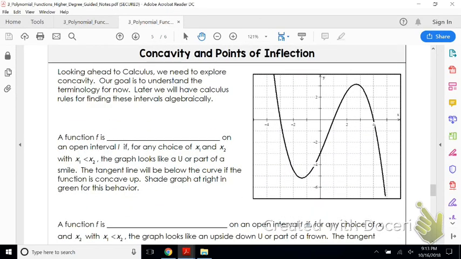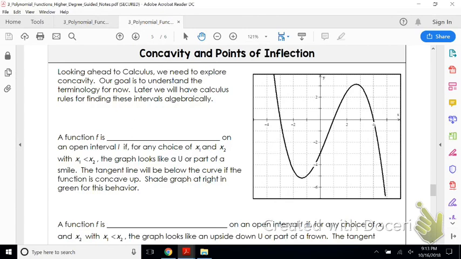Let's talk about concavity and points of inflection. So, looking ahead to calculus, we need to explore concavity. Our goal is to understand the terminology for now. Later, we will have calculus rules for finding these intervals algebraically.